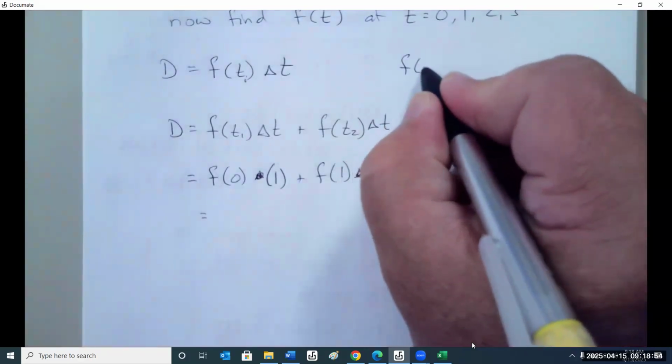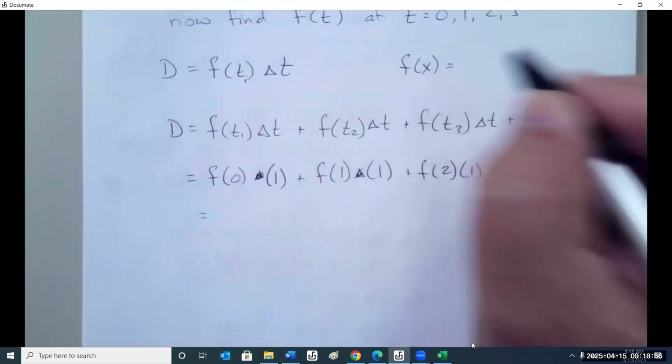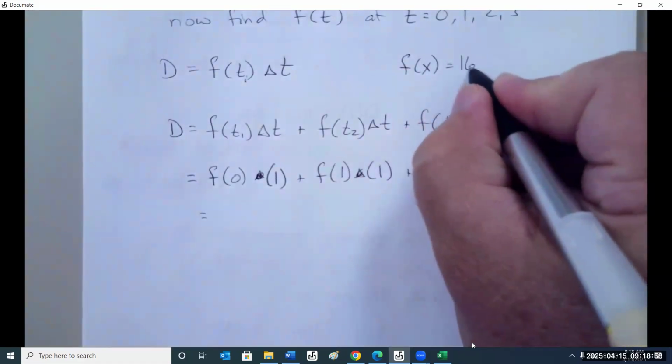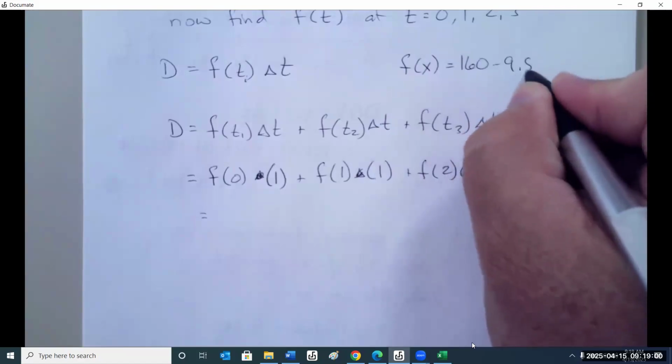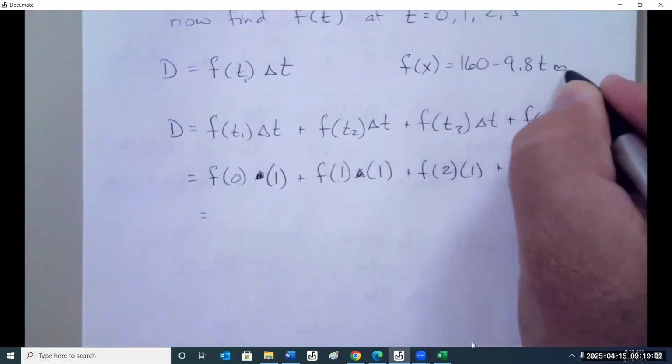Remember, our function was 160 minus 9.8t meters per second.